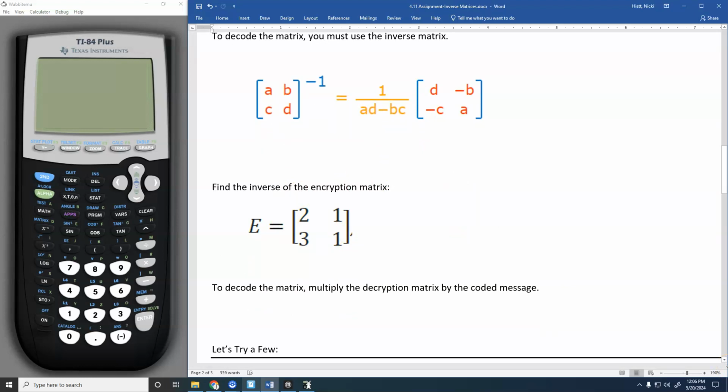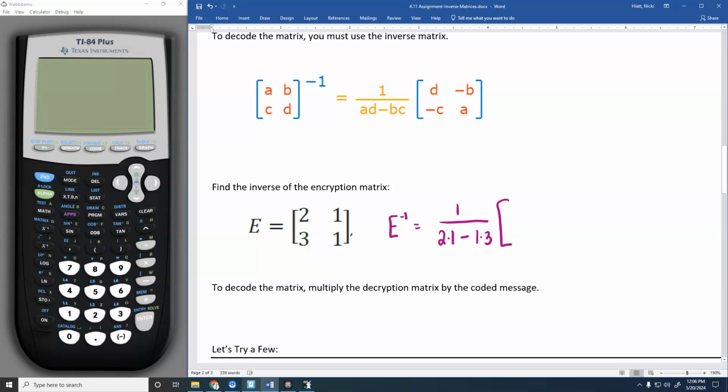So if we're doing the inverse matrix, E is 2, 1, 3, 1. So E inverse is going to be 1 over 2 times 1 minus 1 times 3. There, so we're doing A times D minus B times C. And we're going to multiply that by the rearranged matrix.